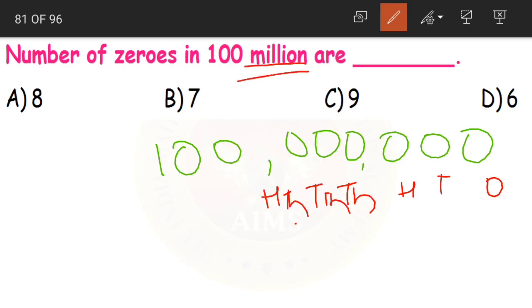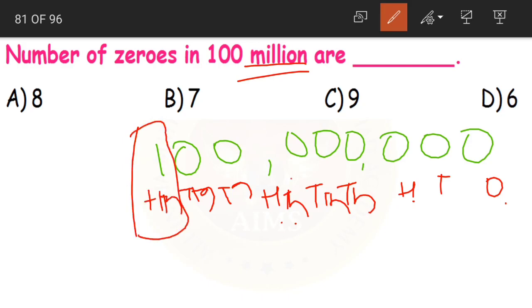Now million is from the international system, so we are using the international places. Then we have millions, 10 millions and 100 millions. In the 100 millions place we have 1 and all the remaining places are filled with zeros. Now how many zeros are there? Let us count. 1, 2, 3, 4, 5, 6, 7, 8. So 100 million has 8 zeros in it.